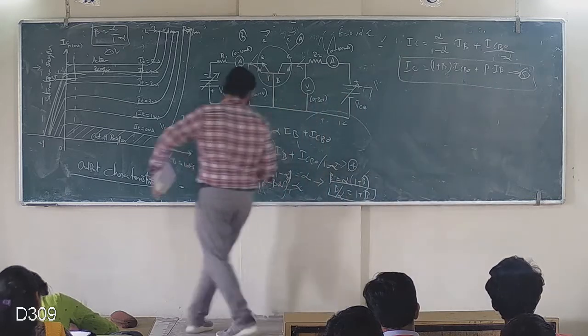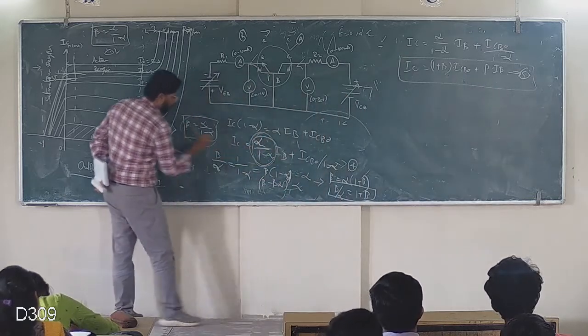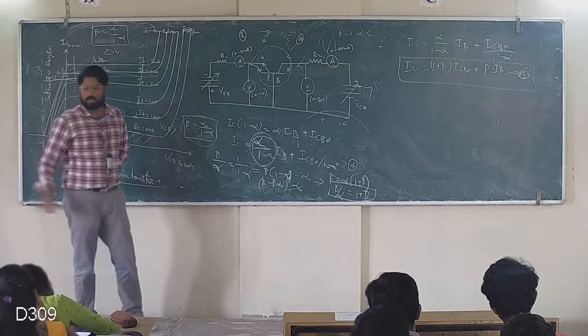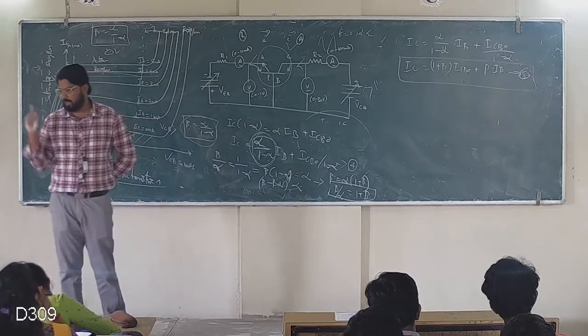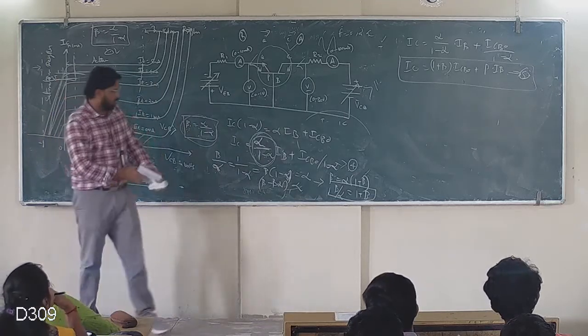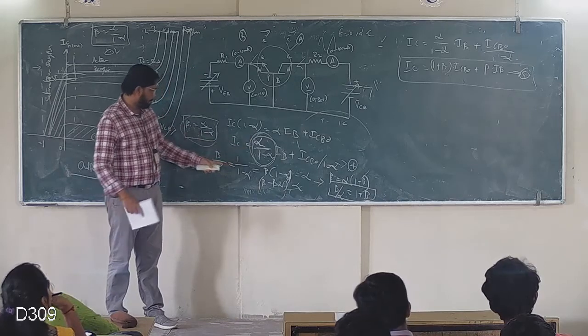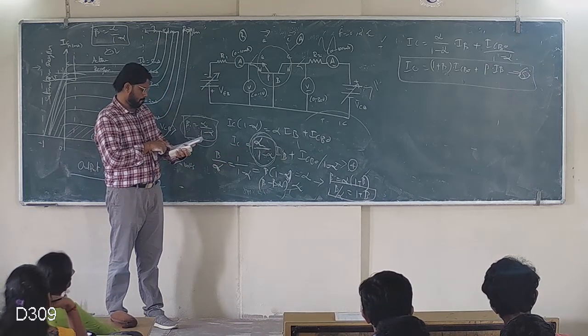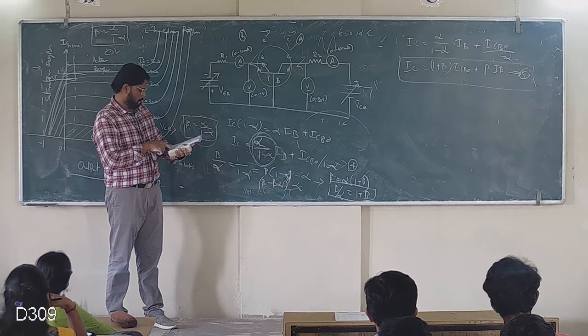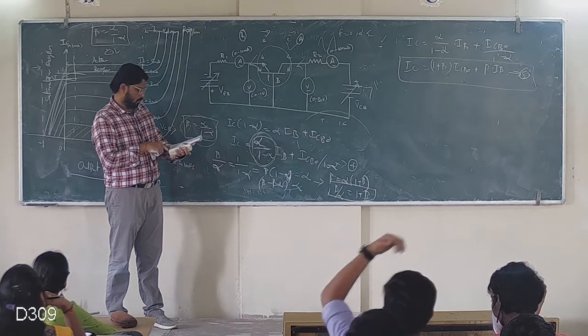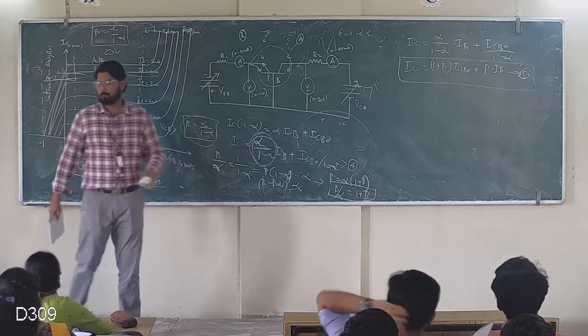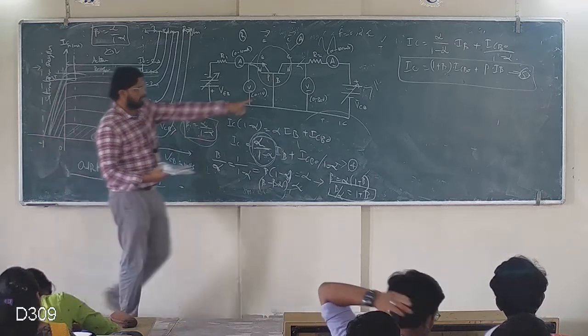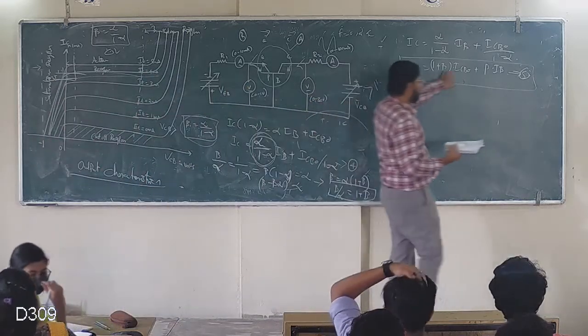You just rearrange this with the beta. What is beta? Alpha divided by 1 minus alpha. You got the point? Just rearrange. You got this IC equal to (1 plus beta) ICBO plus beta IB.